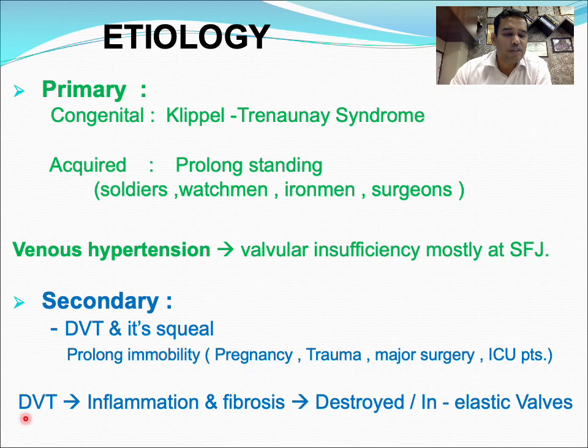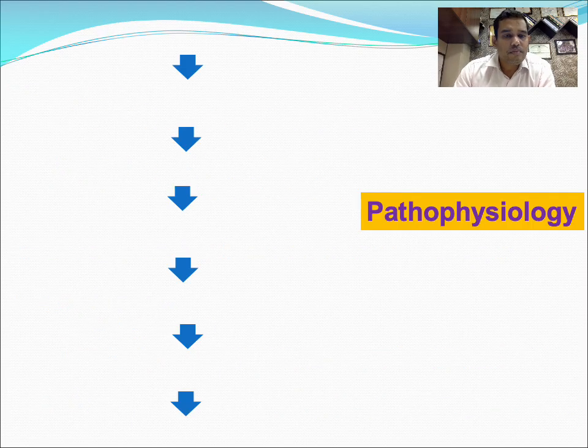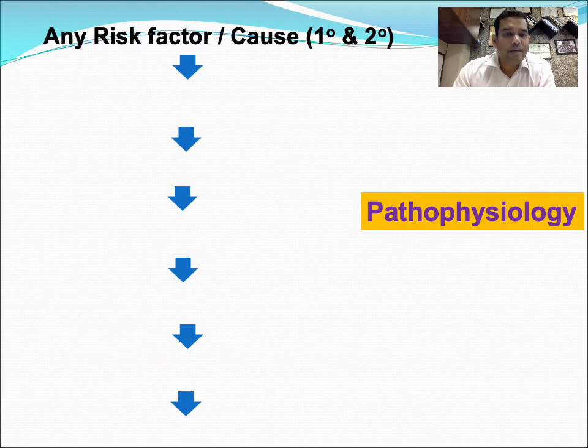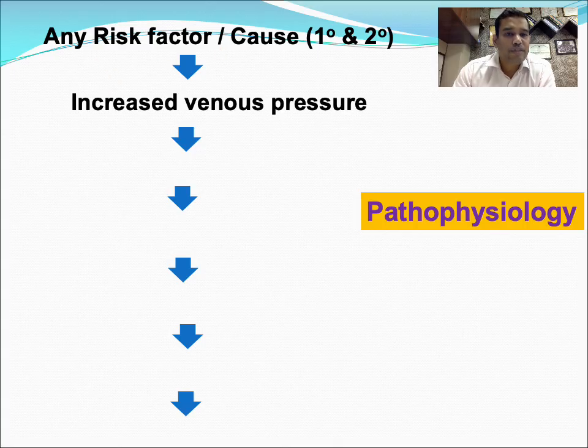So what is the sequence? The patient may develop a thrombosis in the deep venous system. This thrombosis will lead to inflammation and fibrosis in the vein, and this fibrosis eventually leads to inelastic valves, and the valves are destroyed. So whether the patient has risk factors or causes, as in primary or secondary varicose veins, this will lead to increased venous pressure in the deep venous system.